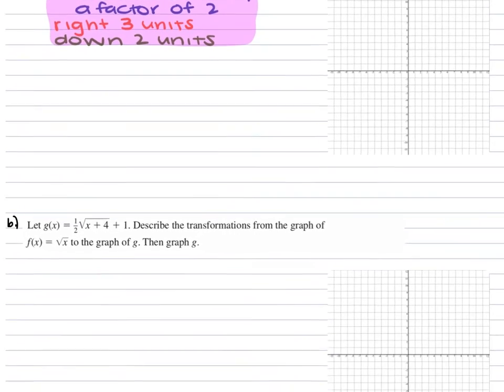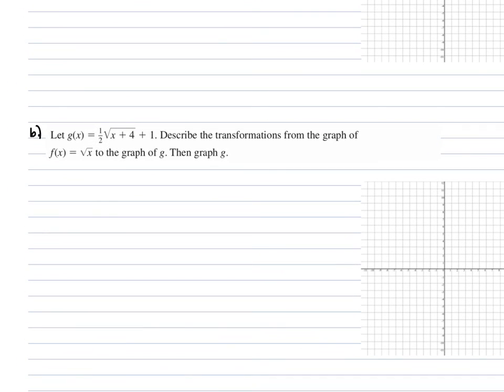Our last example, we are given g of x is equal to 1/2 times the square root of x plus 4 plus 1. So I'm just going to rewrite this down here so that way it's easier for us to look at. 1/2 square root x plus 4 plus 1. All right, so first thing we're going to look at is the 1/2.